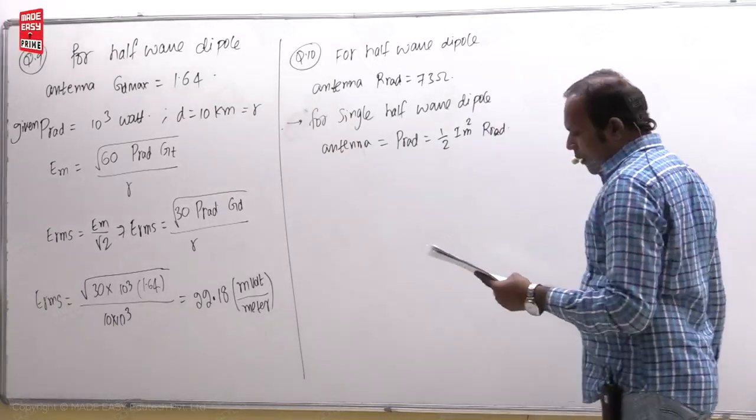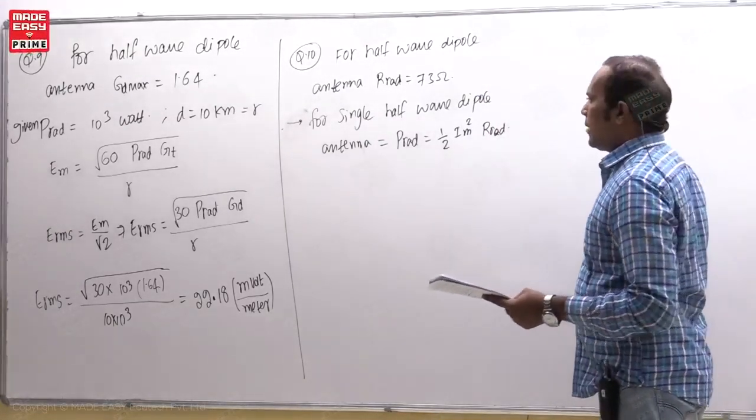Actually, he is saying 4 half wave dipole antennas are there in that.